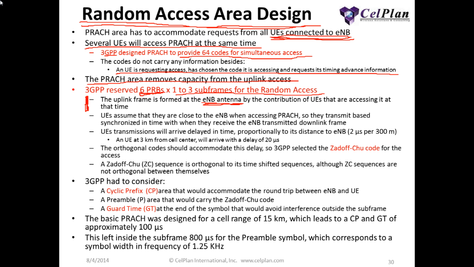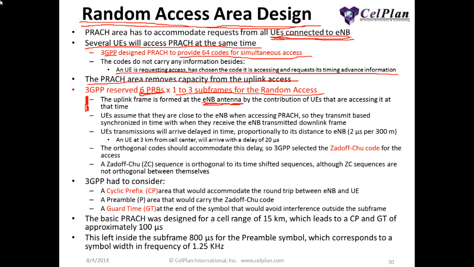But for the random access, the UE is not yet synchronized, doesn't use yet a timing advance, doesn't know how far it is from the ENB, so there must be a flexibility to accommodate the traveling time from the UE to the random access area.